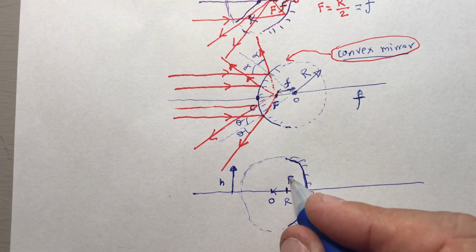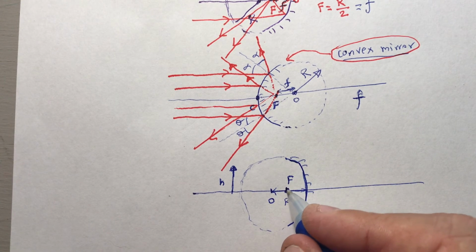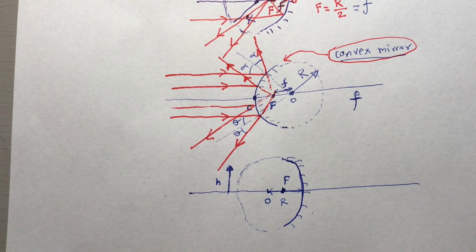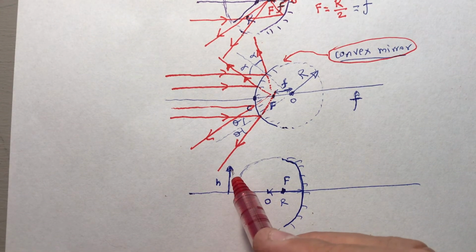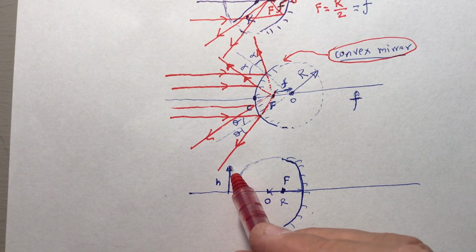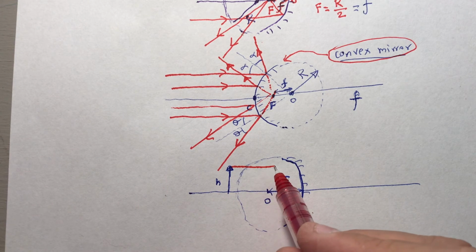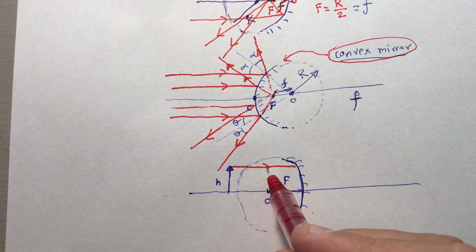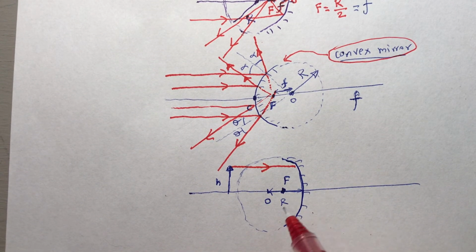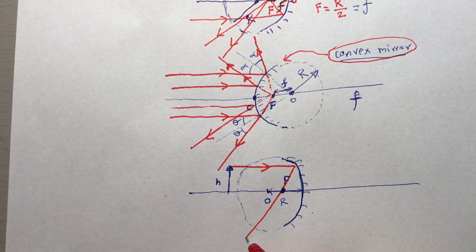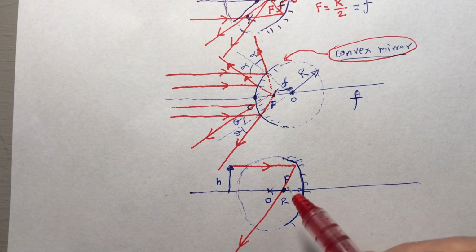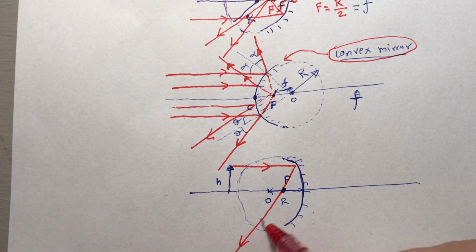That's F. Okay, so let's take a ray coming in from the top of the object. Here is a ray coming parallel like that. It's going to hit the surface and reflect like that. So it's going to go through the focal point and keep going.